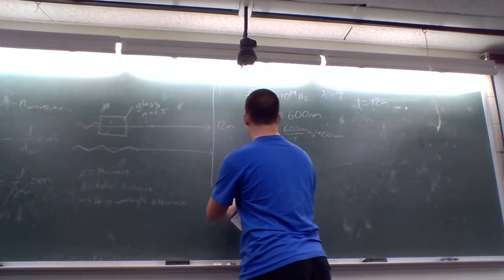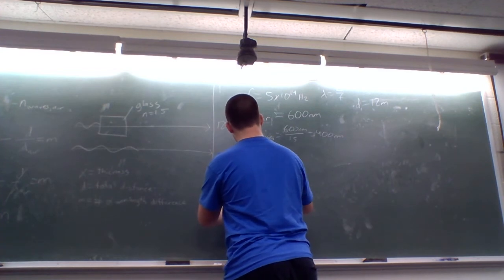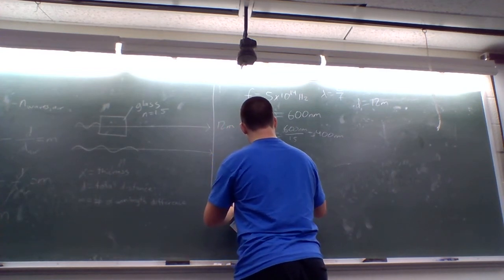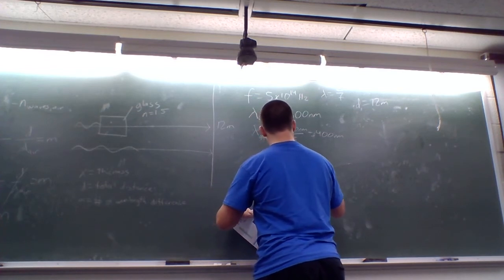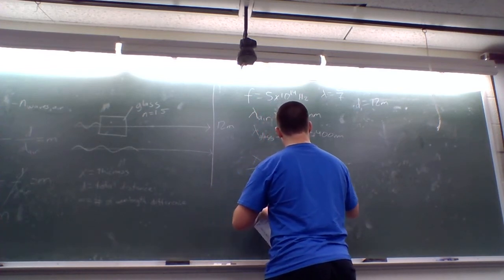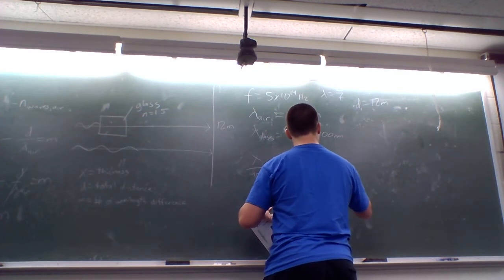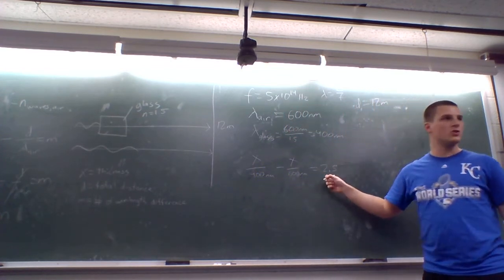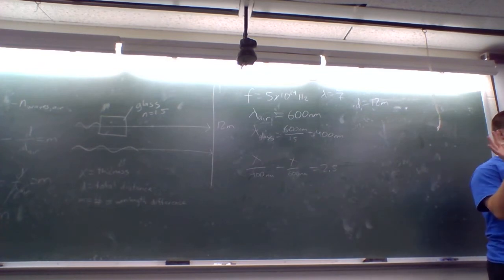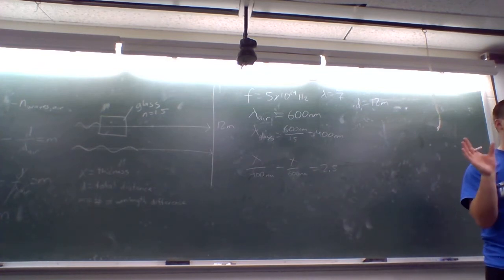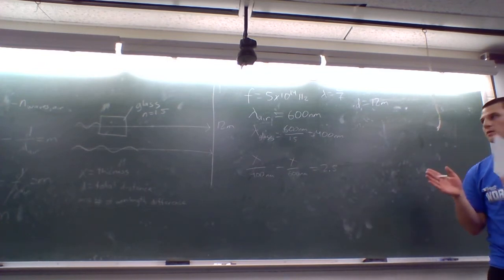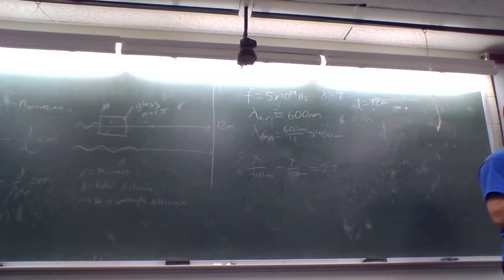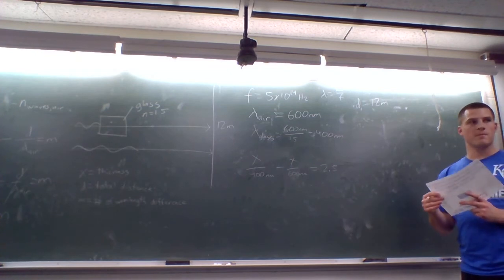So do the exact same equation. I'm just going to write out the abbreviated form this time. x divided by 400 nanometers minus x divided by 600 nanometers equals 2.5. Okay, so 2.5 wavelengths is the third thickest amount for that glass that will give you constructive interference because they start out of phase.